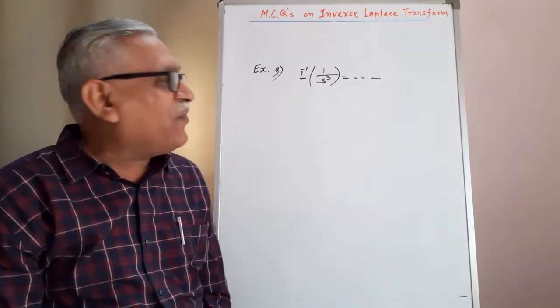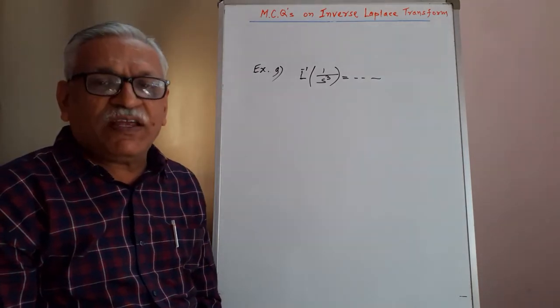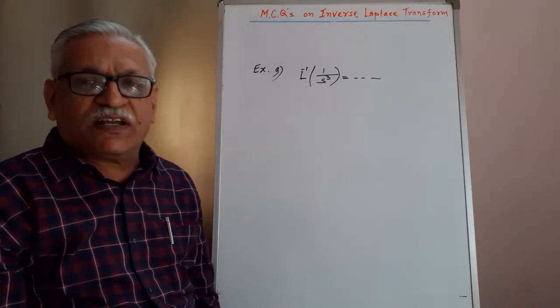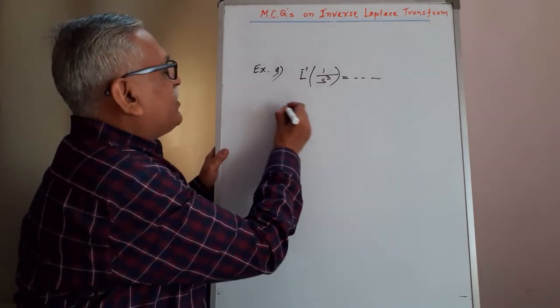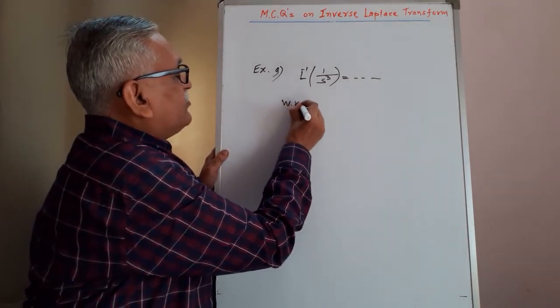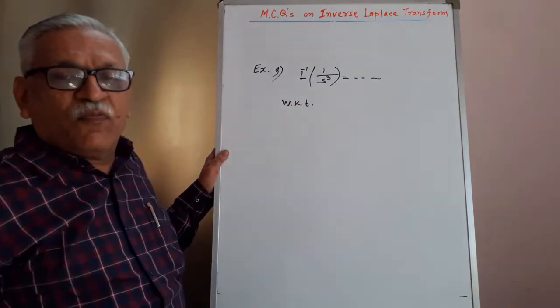Example number 9. Find inverse Laplace of 1 by s cube. Find the correct option out of the 4. For that, we know that here n is a positive integer.